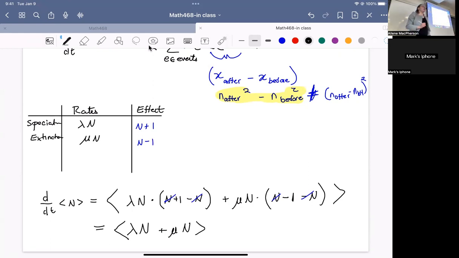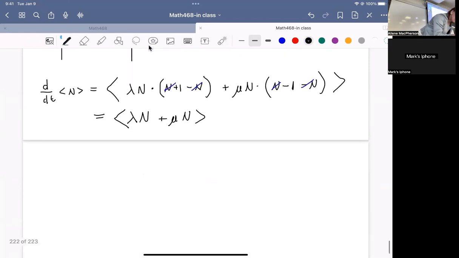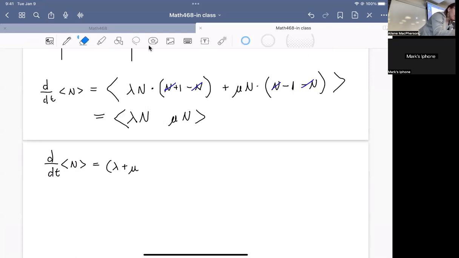All right. So we can still apply our expectation rules just like we did up above for the variance. So we have d by dt of the expectation of n is equal to lambda plus, oops, sorry, there should be a minus sign.